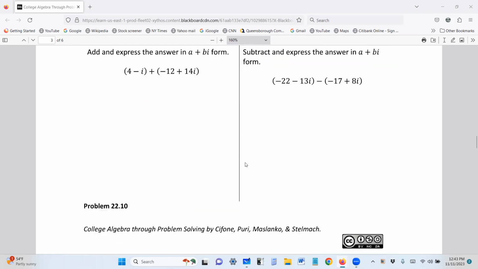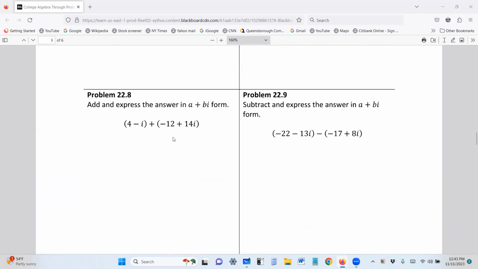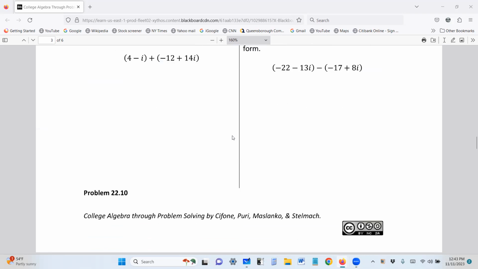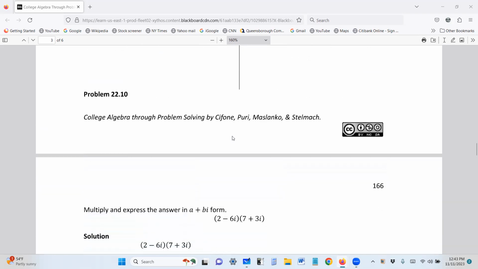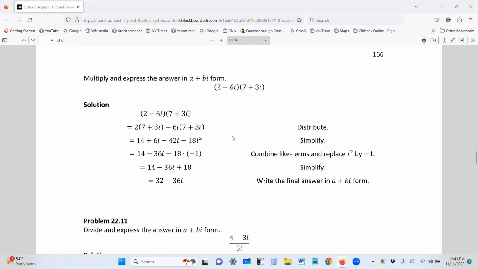When we have multiplication, we'll do some of these problems in a few minutes. When we have multiplication, it's the same thing as before. The i behaves as if we had just an x. So this is going to be done exactly the same way as if you had 2 minus 6x times 7 plus 3x.